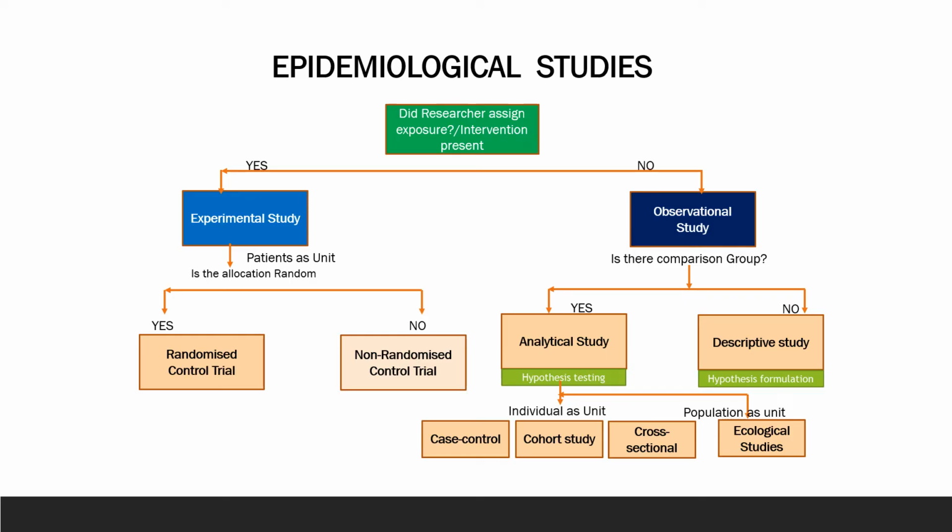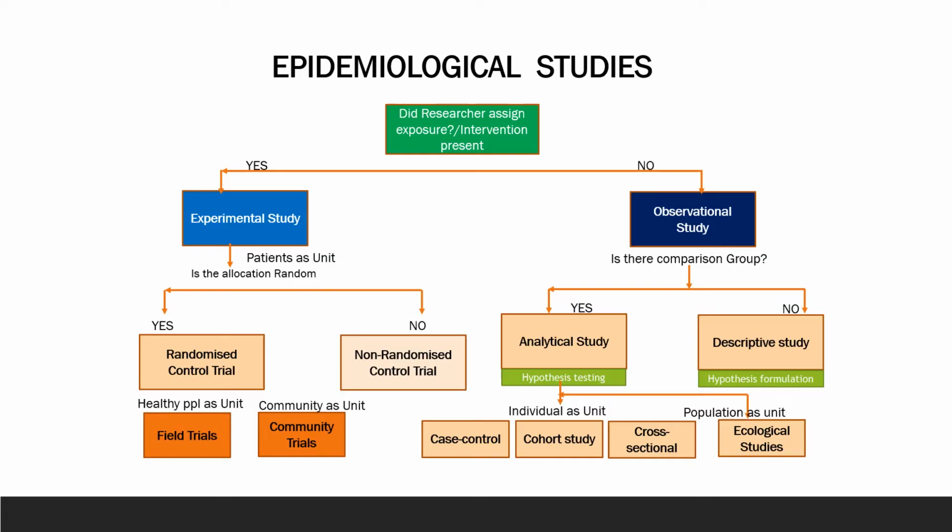In the experimental studies, if healthy people are taken as the unit, they are called field trials. When the community is taken as a unit, it is called a community trial. A common MCQ from this area usually involves, say, a COVID vaccine that has been introduced, and how far it has been able to reduce mortality or morbidity in the community.